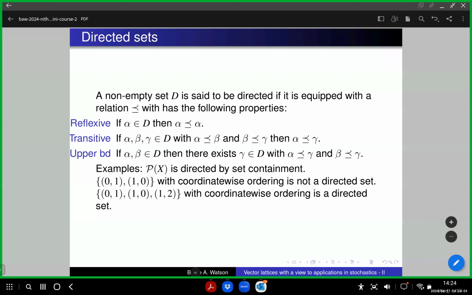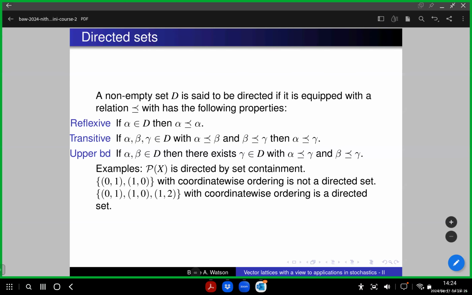Now, our third condition is different from the requirement that we had when we defined a partial ordering. When we defined a partial ordering, we required antisymmetry, which was that if alpha was below beta and beta was below alpha, then alpha equaled beta. But we do not require that.